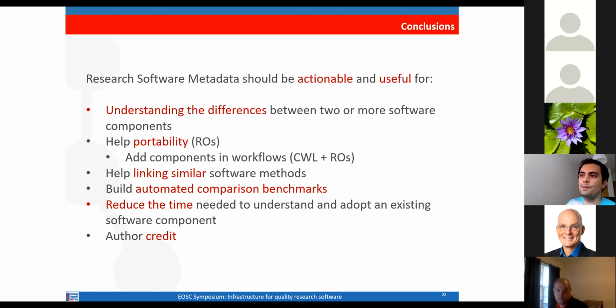They want to help the portability of their software. They want to help link their software to similar software methods. They want to build automated comparison benchmarks, and in general, improve the credit that they obtain for what they are writing and reduce the time needed for adapting existing tools to their current pipelines.